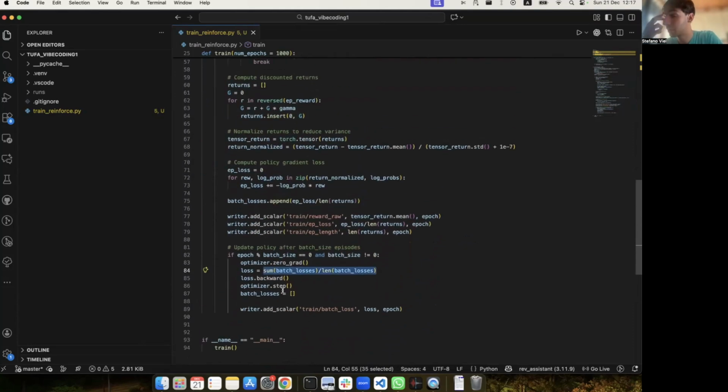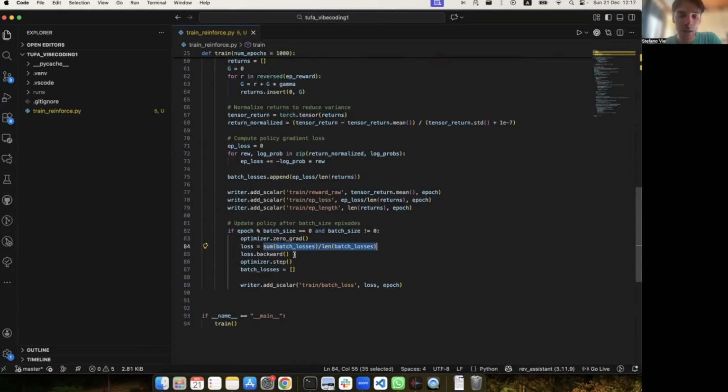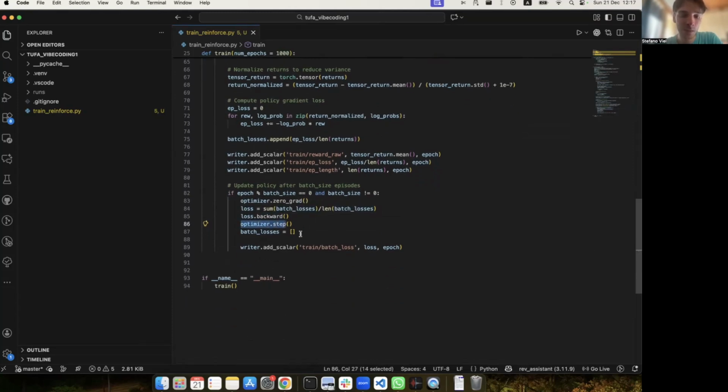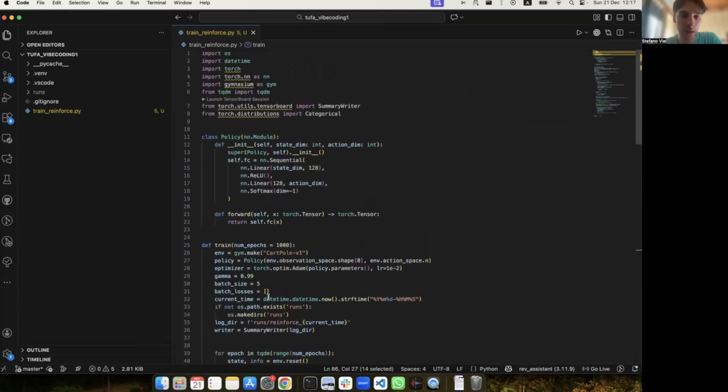This is another thing to mitigate the high variance of the gradient, because if you take a few gradients in your batch and then take the average, you are more sure that you're going in the right direction for the updates. We compute the gradients, we do our step in the optimizer, and that's pretty much it.